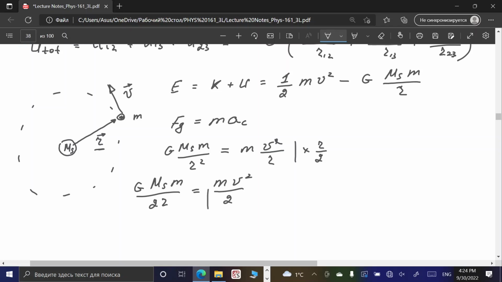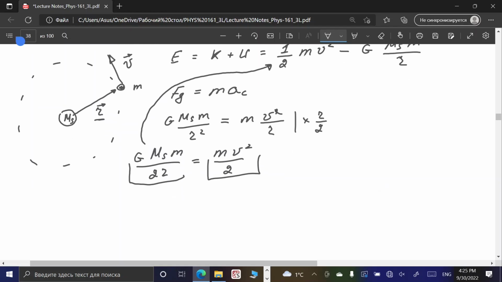So the right side now is kinetic energy, m v squared divided by 2. And it appears that we can express it in terms of the mass of the star, the planet, and the distance between them. So now let us take this expression and substitute it here for the expression of total mechanical energy of such a system.